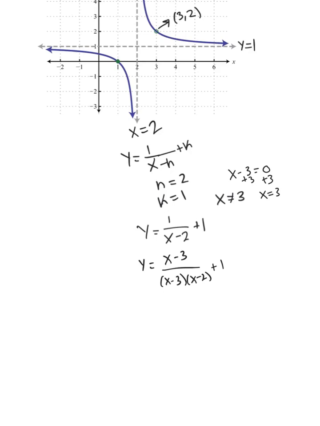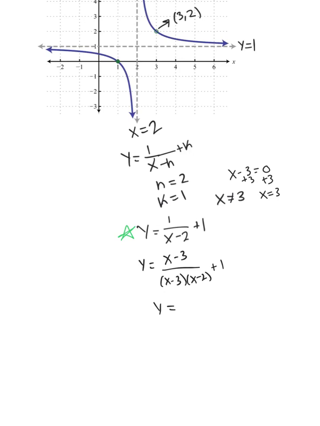So that means that when I evaluate this function at 3, the y value that I should get back is going to be 2. So wherever I see an x, I'm going to replace it with a 3. I'm going to use the simplified function that's here because that's the one that would have the hole in it.